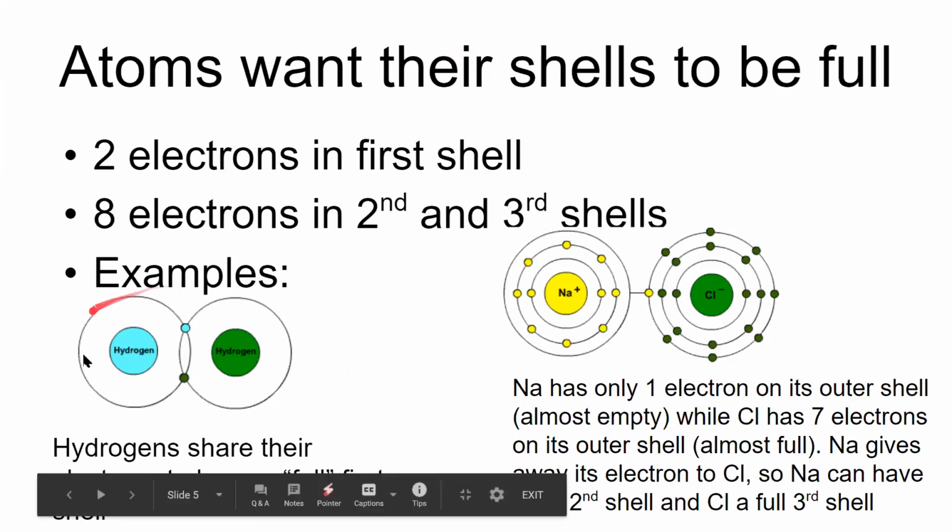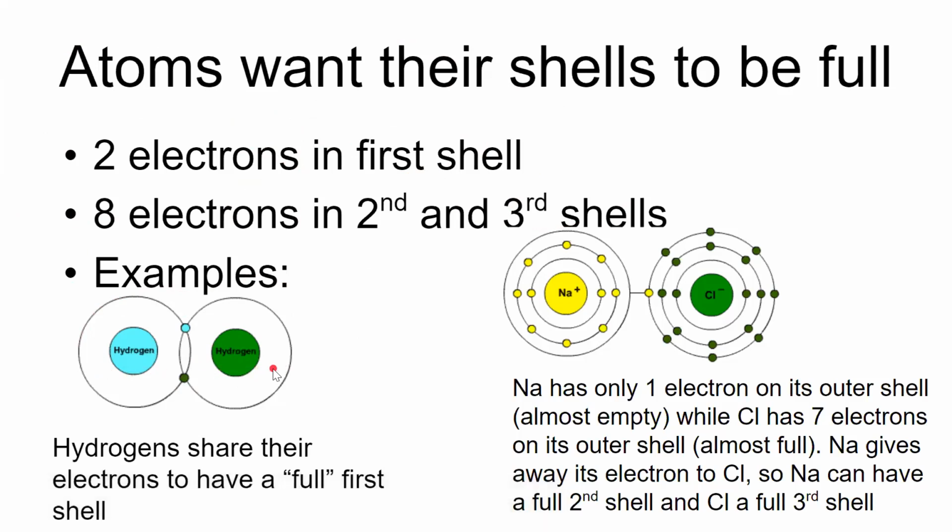Some basic examples of this are things like hydrogen. Remember, hydrogen was our super small guy. He's only got 1 electron in his outer shell, and that makes him a little unhappy. He wants there to be 2. So when you find hydrogen in the world around us, it's almost never just one single hydrogen atom on its own.